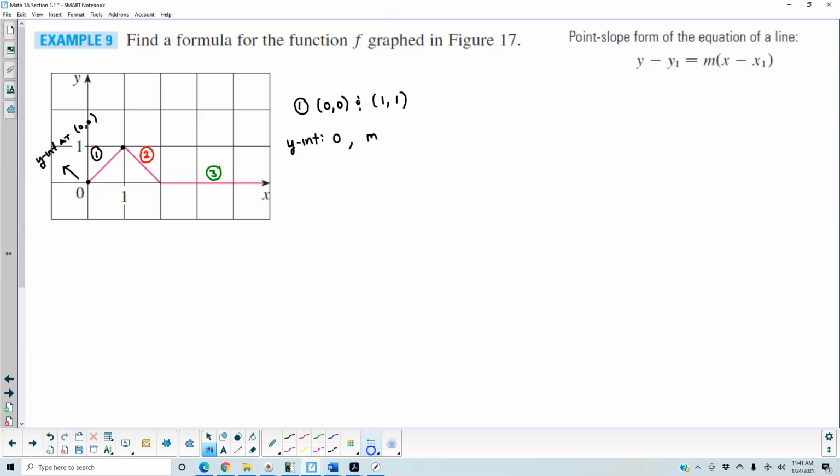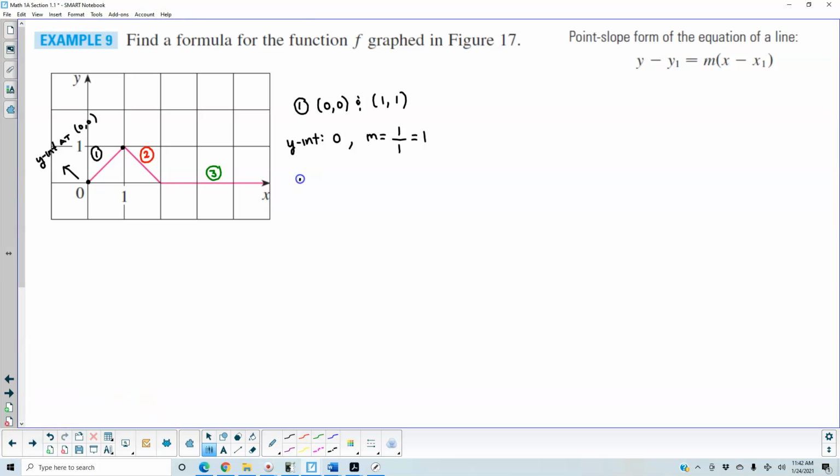Now, can we determine the slope from this graph? Well, the slope goes up 1 and to the right 1. So that means the slope is going to be 1 over 1, which is equal to 1. Now, recall that we have the slope-intercept form.